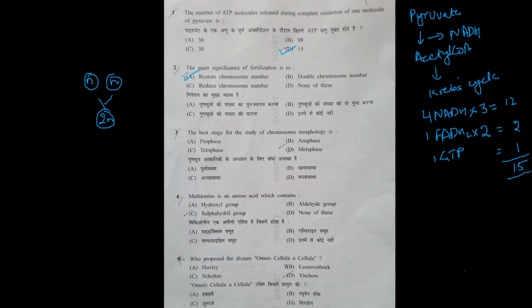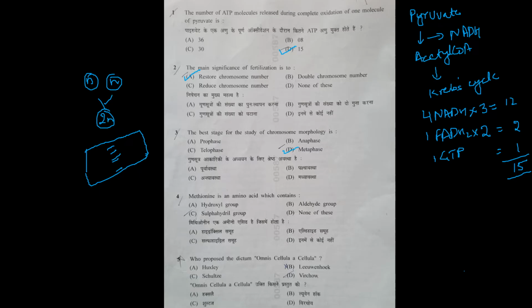The best stage for the study of chromosome morphology is: you must be knowing that during prophase the chromosomes get condensed and they are arranged in the center at the metaphase plate. So this is during metaphase, and this is the best stage to study the chromosomes. So the answer is D, metaphase.